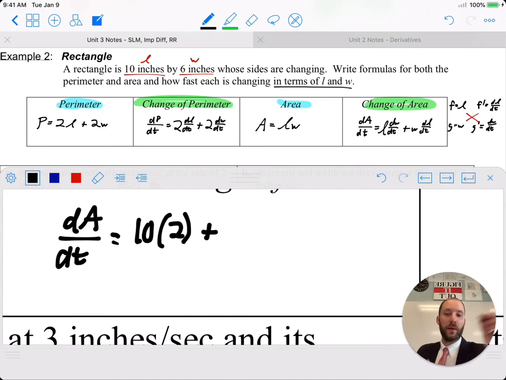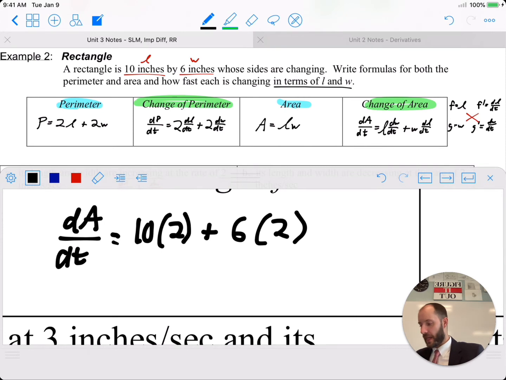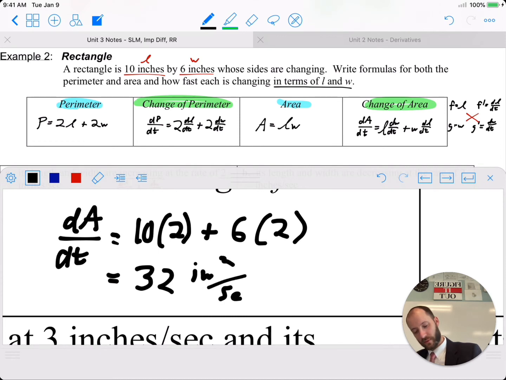And then we need the width, so 6. And the rate of change dL/dt is also 2. Add those up, you get 32. Careful, it's area. Think about your units, okay? Inches squared per second.